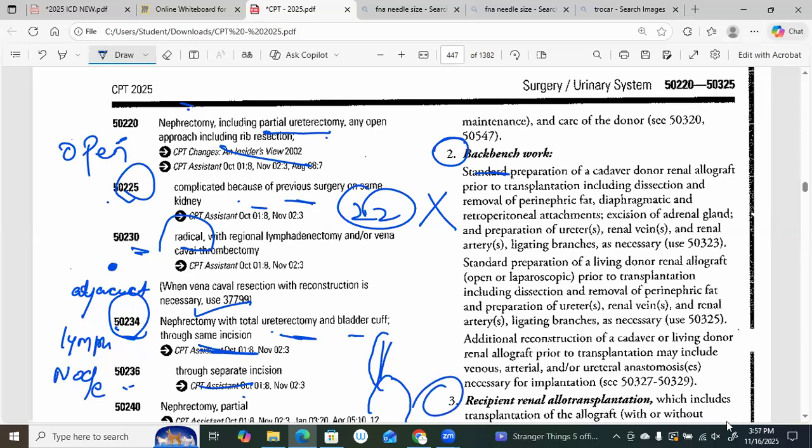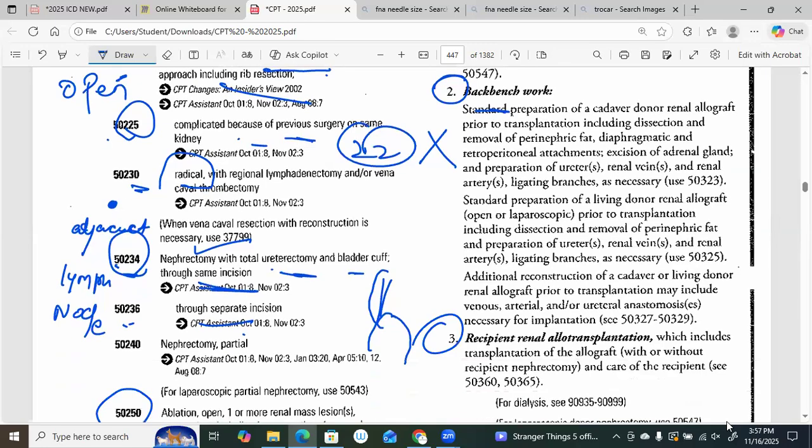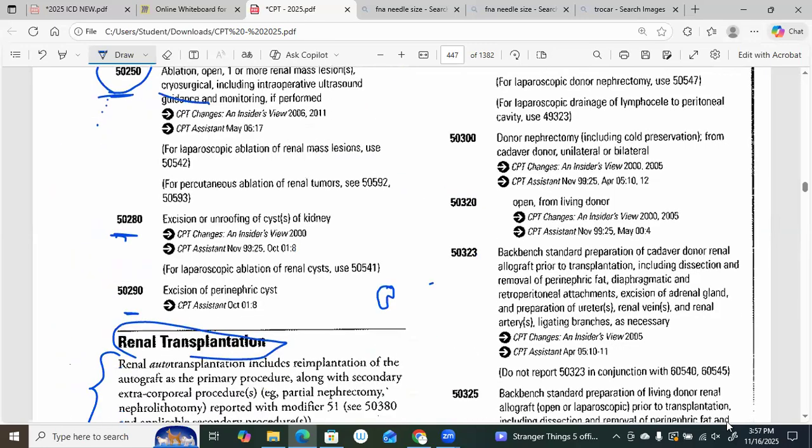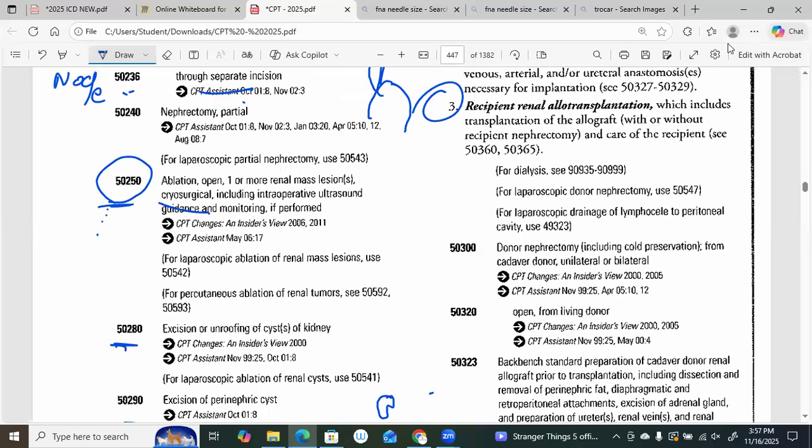Next, we have recipient renal allotransplantation. Allotransplantation means now the kidney has been harvested, preserved. We have already removed the perinephric fats and cleared them out. So now we just have the graft. Now we have to place it, and we have these two codes for the allotransplantation.